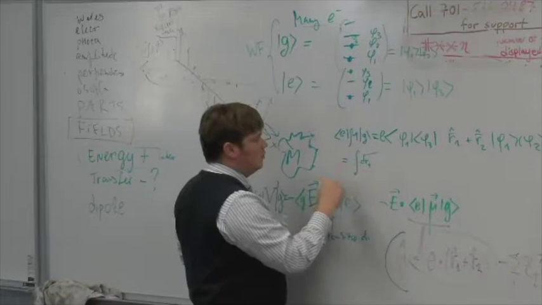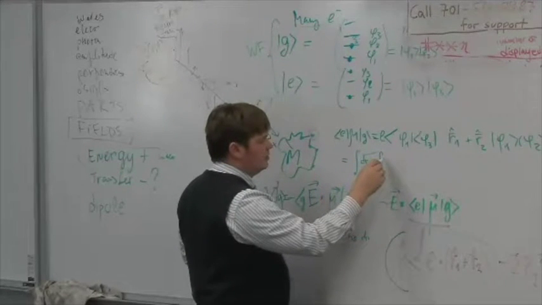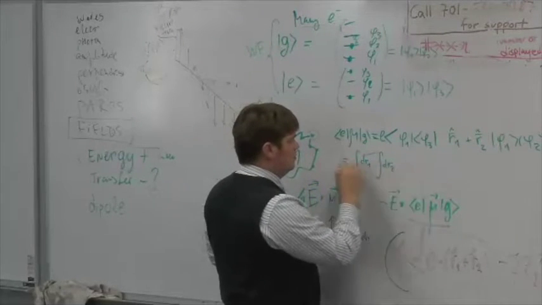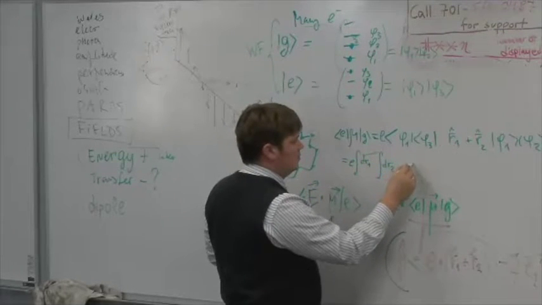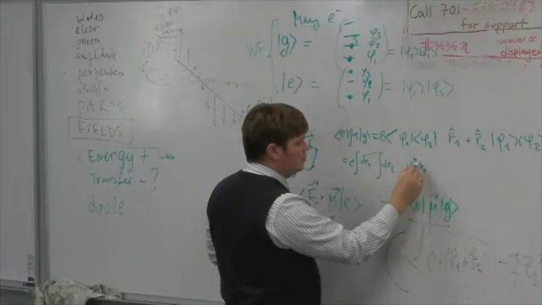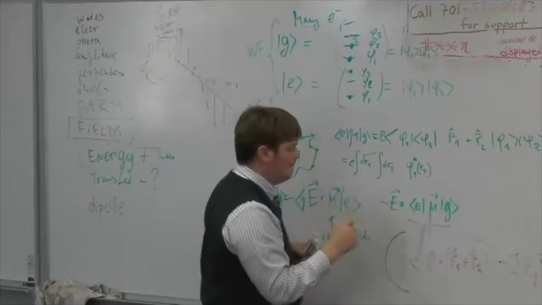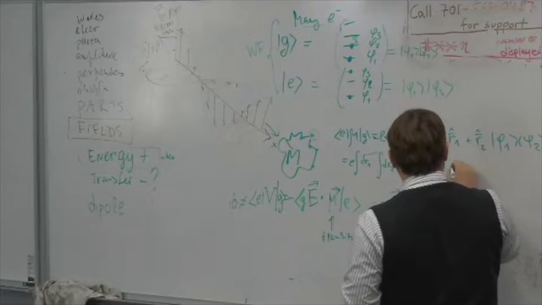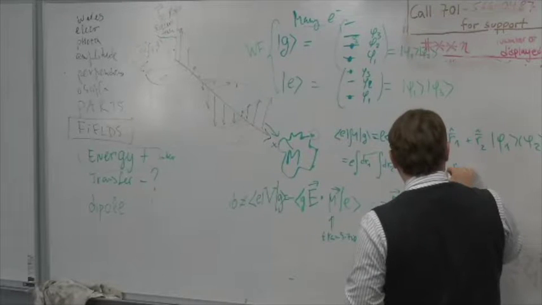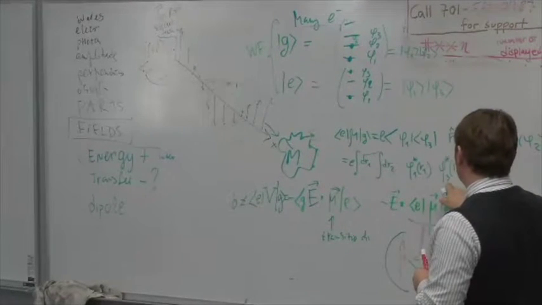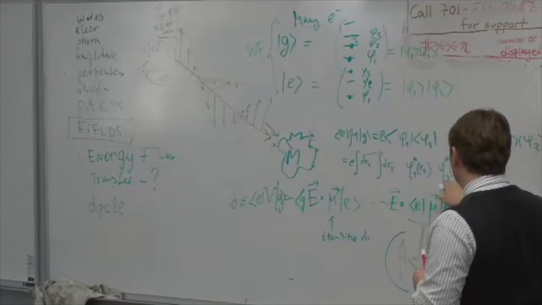Integral over position of electron 1, integral over position of electron 2. Electron number 1, we start in orbital 1. Electron 2 in orbital 3.